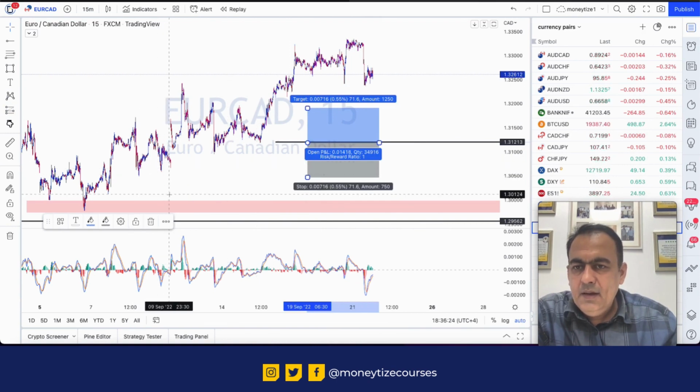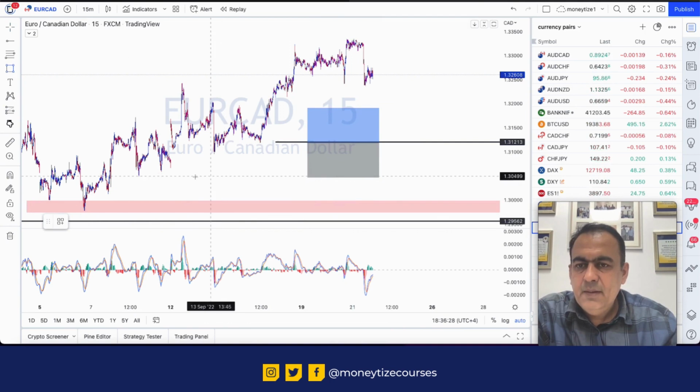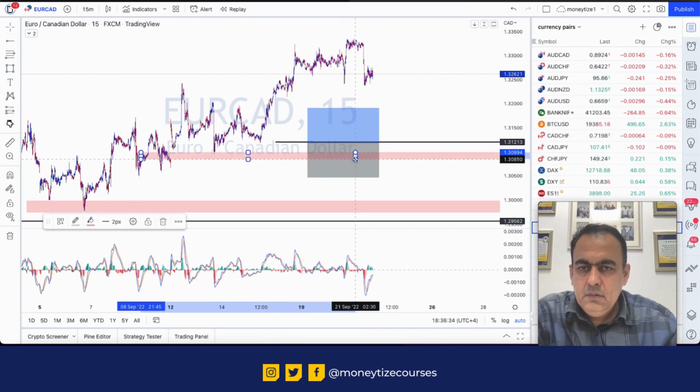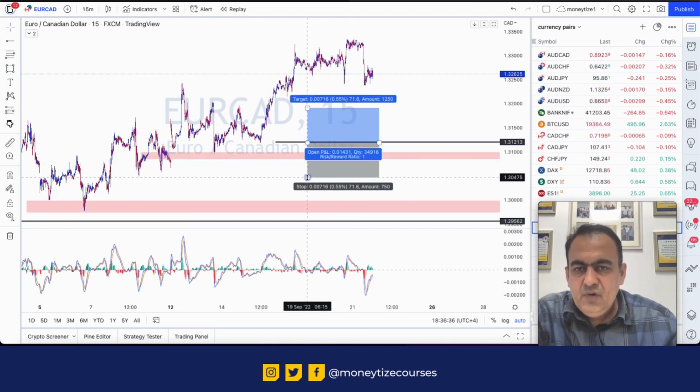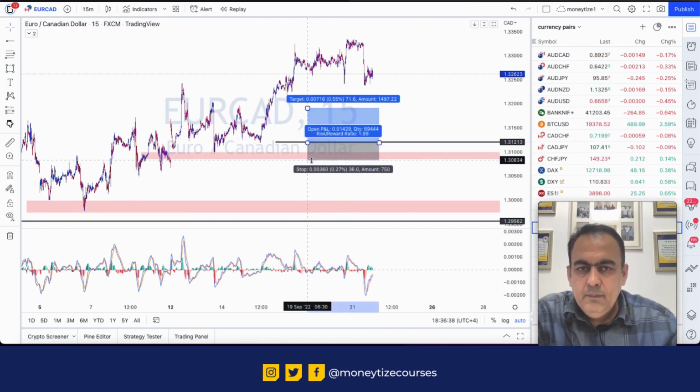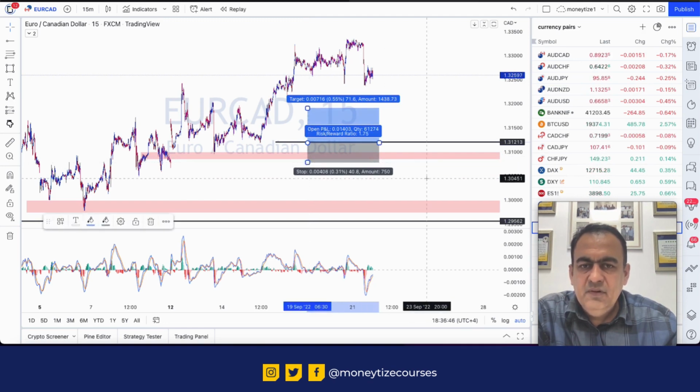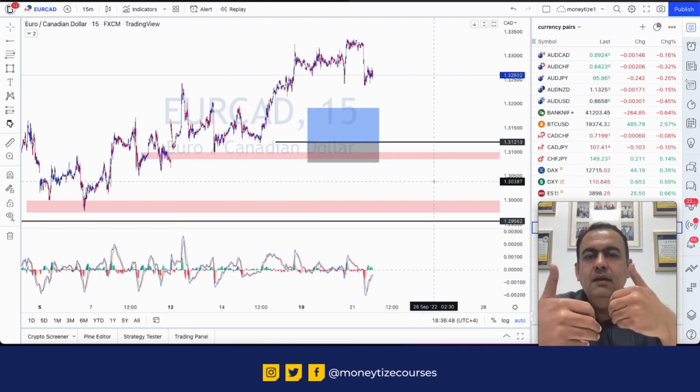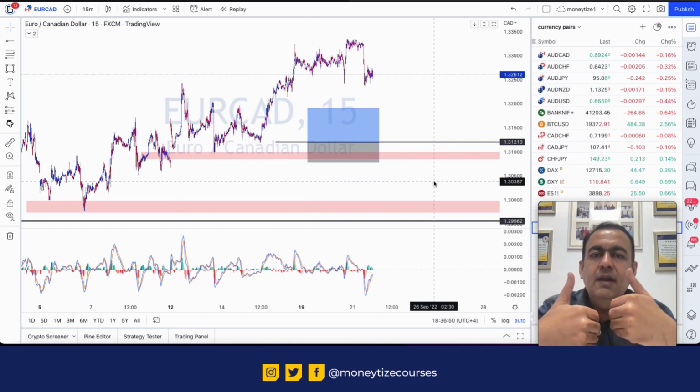Just for the example, I'm taking this support into consideration, so my stop loss would be here. Now the stop loss is somewhere around 36 or let's say 40 pips, which is respectable in terms of my capital, my total equity.